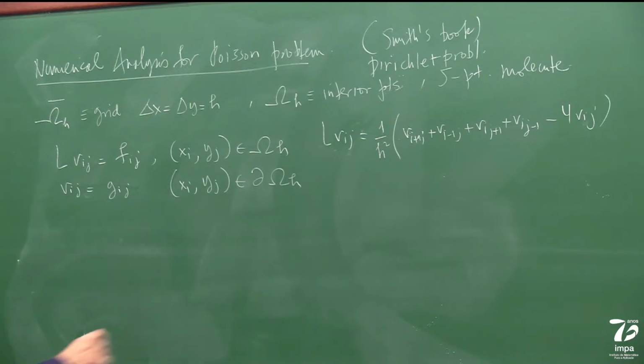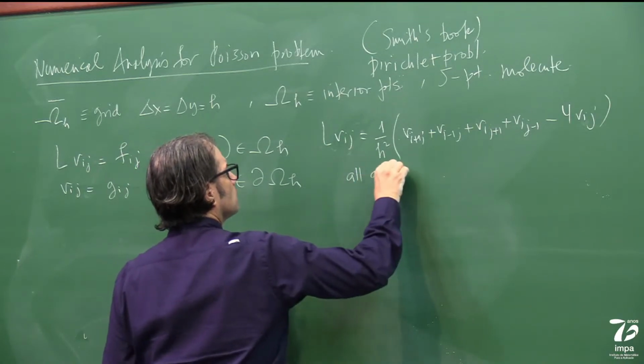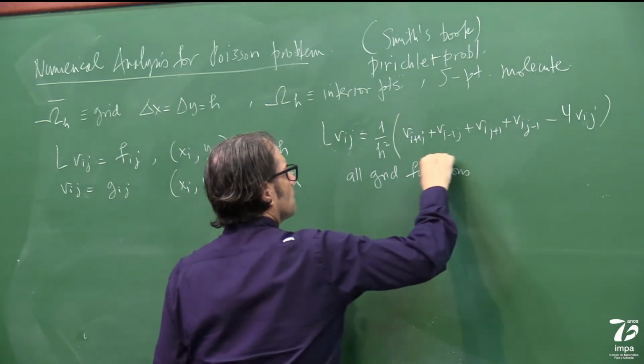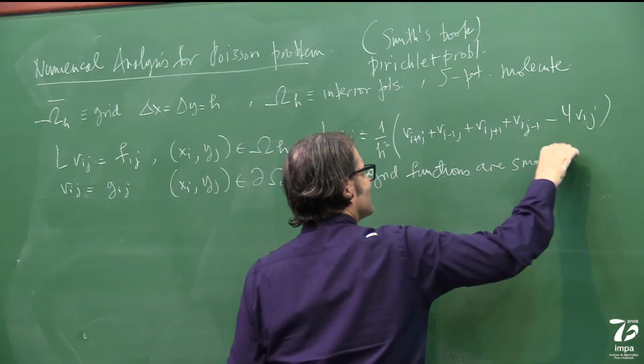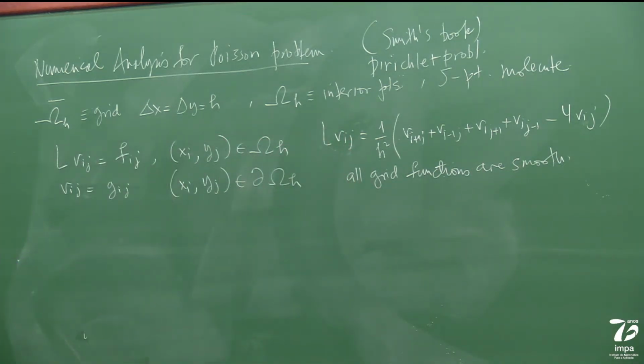Okay, and let's put it this way that all grid functions are smooth, meaning all the grid functions involved, V, F, they have the regularity I need to do what will be done. Okay, let's not get hung up by conditions that would give us trouble.